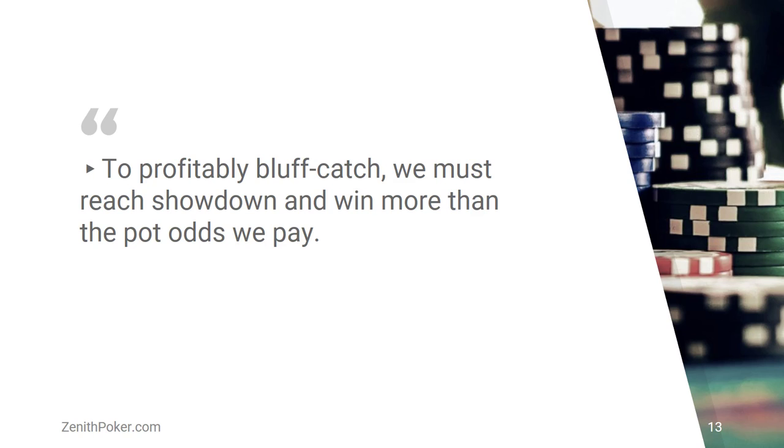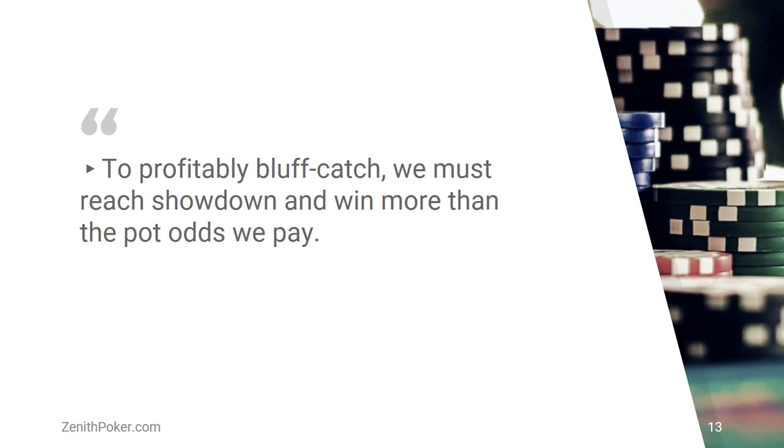Because if you call now and then your opponent has an 80% chance of betting the next street, and then you're going to fold, you essentially have an 80% chance of folding on the next street. And so that 20% of the time that you don't, sure, you might win the pot, but does that 20% match the pot odds that you paid?